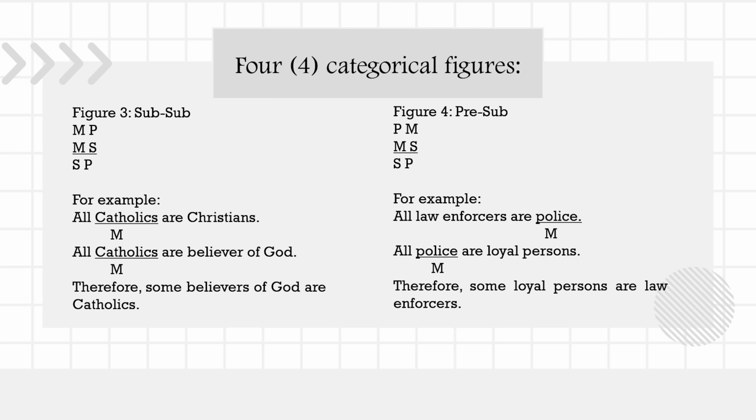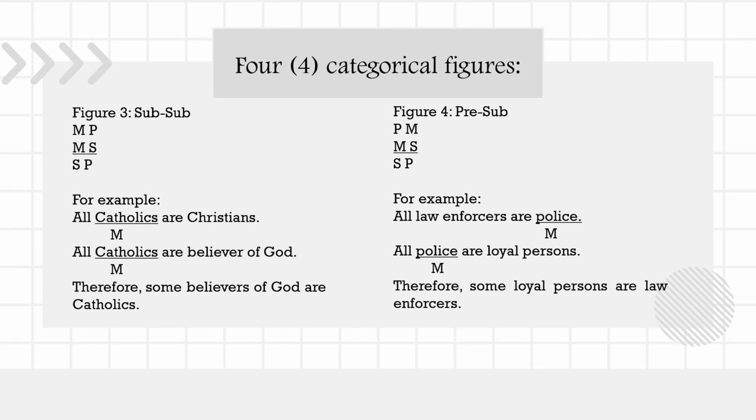It demonstrates a valid logical relationship, indicating that if all police officers possess the trait of being loyal, then there must be a subset of loyal persons within the category of law enforcers. So this logical structure showcases the connection between these categories.